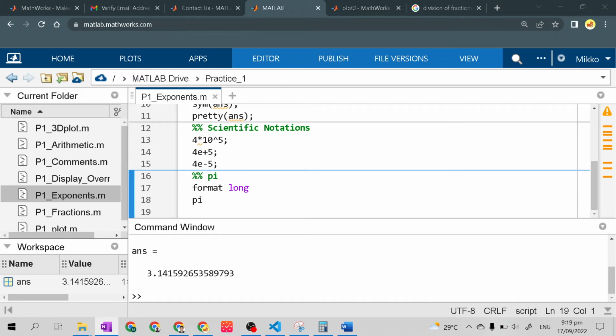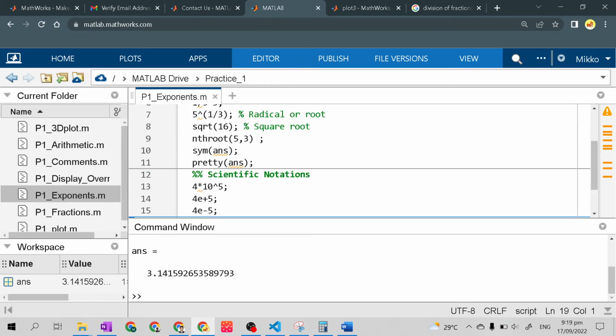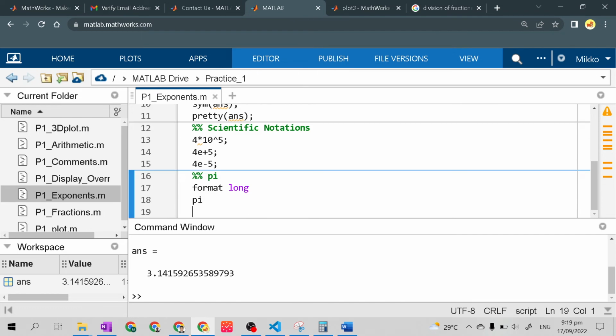Okay, for example, I want to represent an expression in terms of pi. Do I have a variable x? I don't have a variable x. X is equal to, let's say, 2 times pi divided by 16.